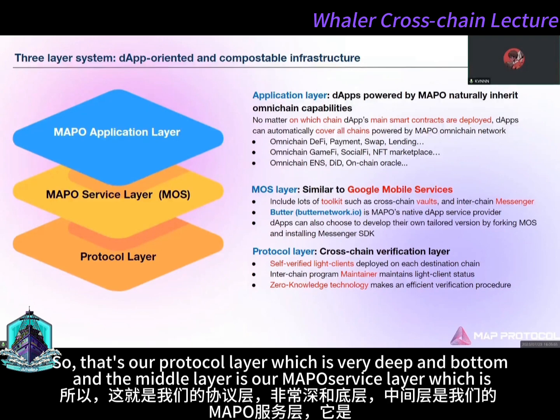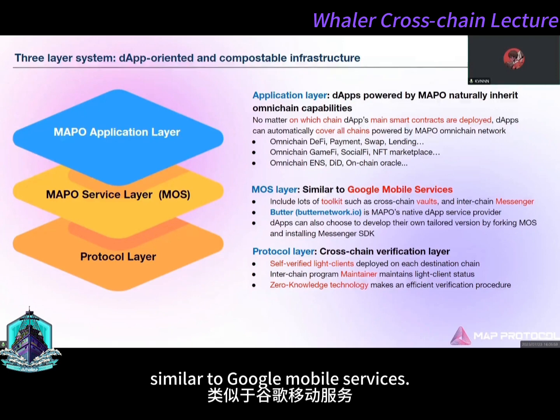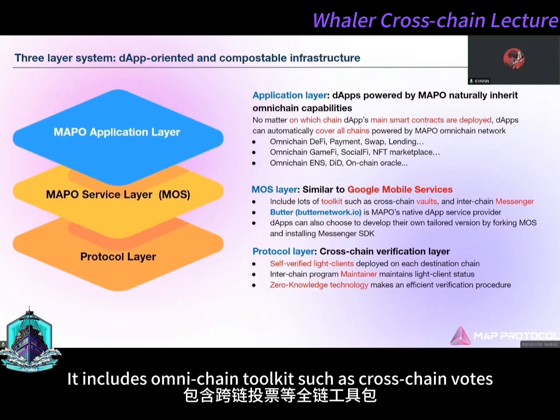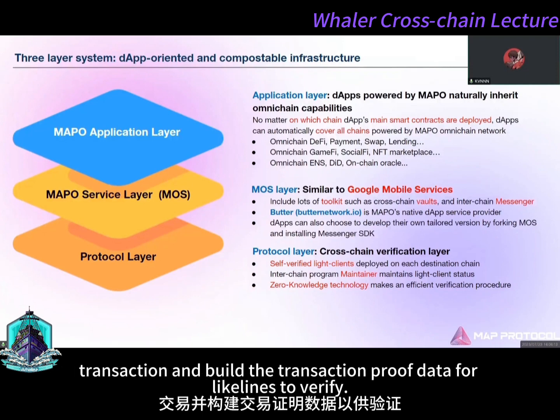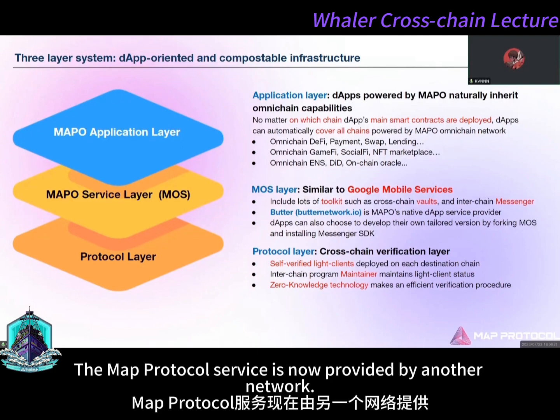The middle layer is our MAPO service layer, which is similar to Google Mobile Services. It includes Omnichain toolkits, such as cross-chain votes and interchain messenger, which is also responsible for delivering cross-chain transactions and building the transaction proof data for Light clients to verify. The Map Protocol service is now provided by Butter Network.